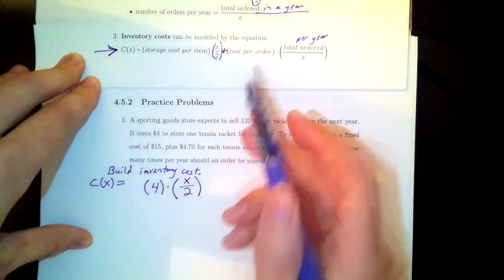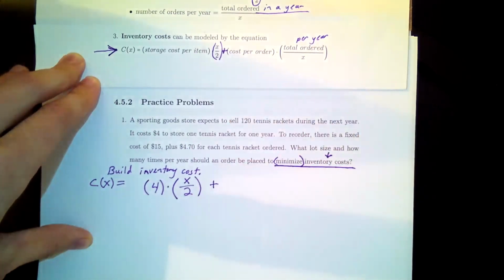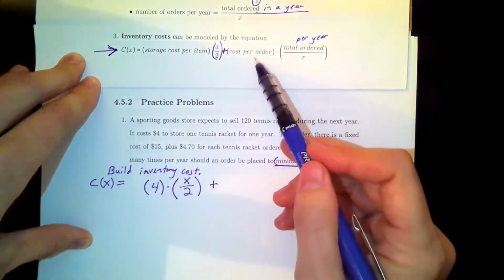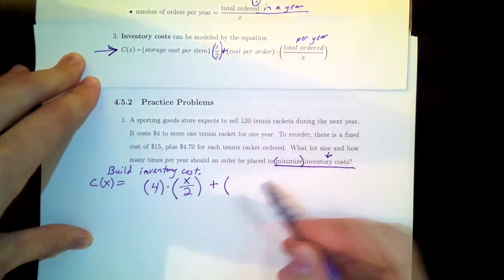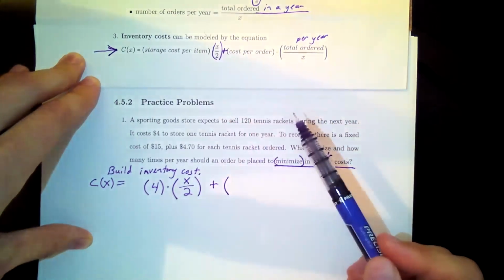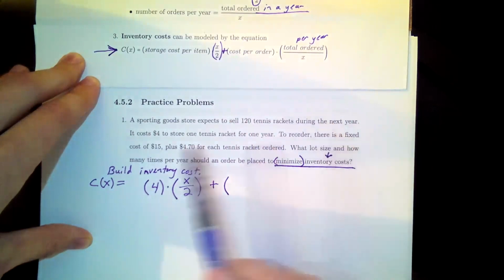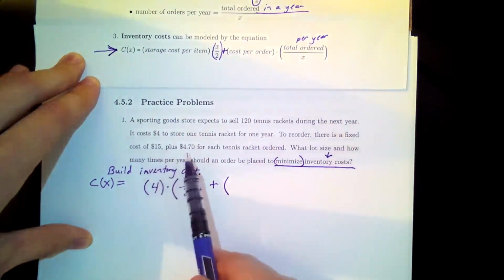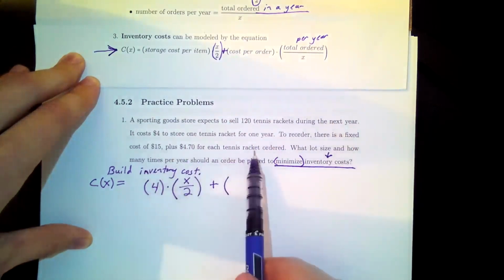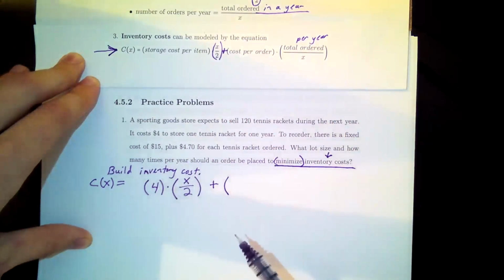Now I have to scooch over here to the second term. I have a big plus sign in the middle here. Then it says times the cost per order. How much did they tell me it costs to place an order? It says there's a fixed cost of $15 plus $4.70 for each tennis racket ordered.